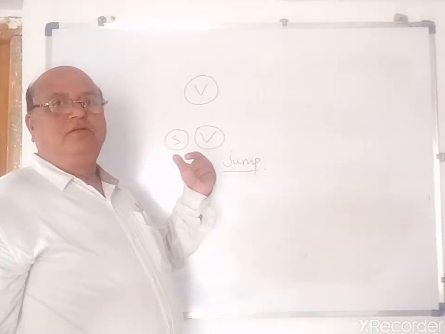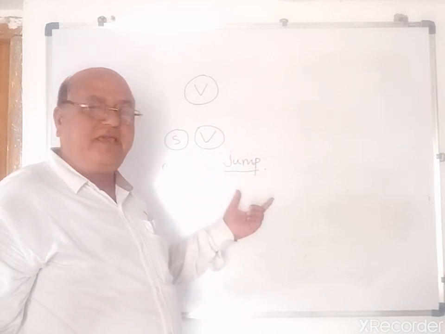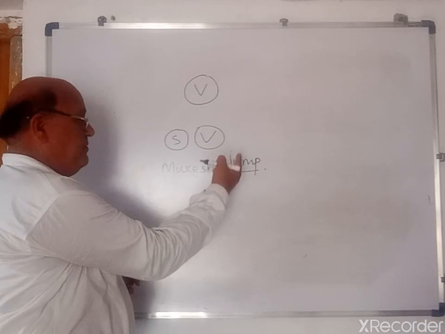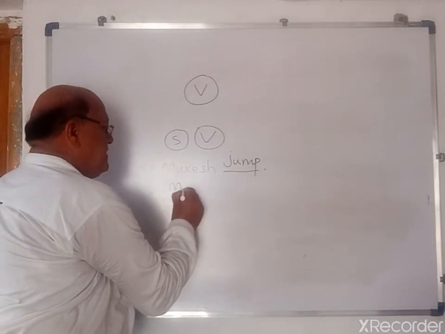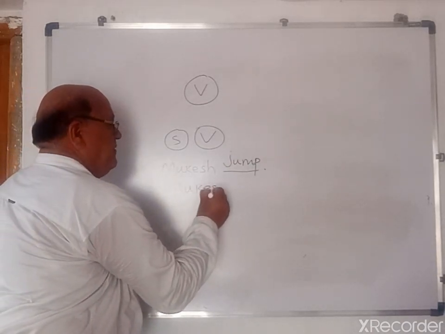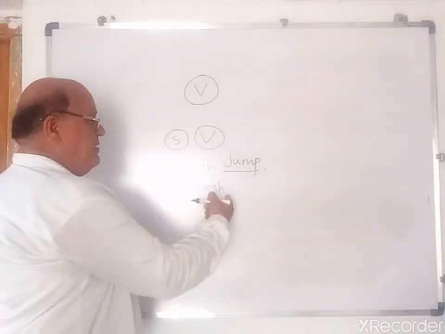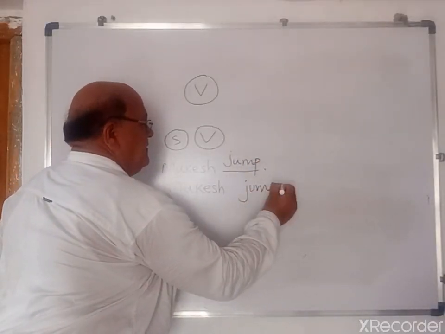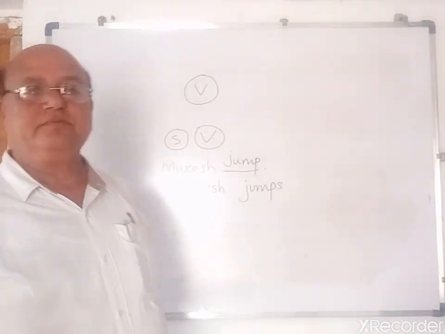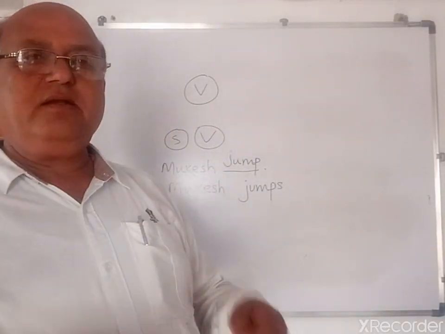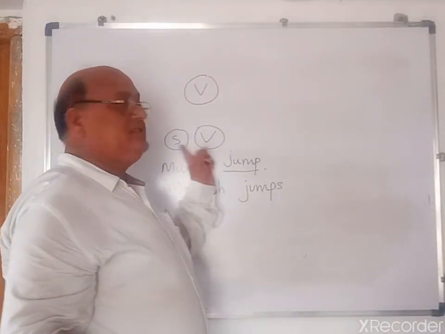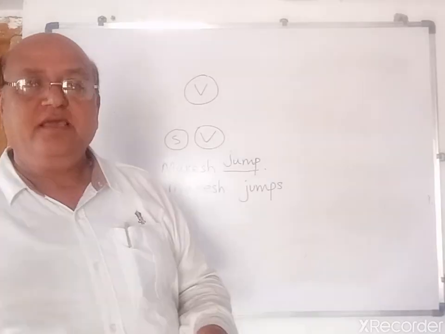No. What is the problem here? We have to make the agreement with the subject and verb. Here Mukesh is third person singular number, and we have to agree this verb. Present tense S. Mukesh jumps. If we want to extend it once again, then the SV pattern of sentences can be an SVA pattern.